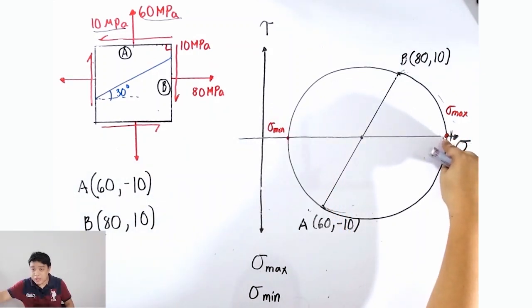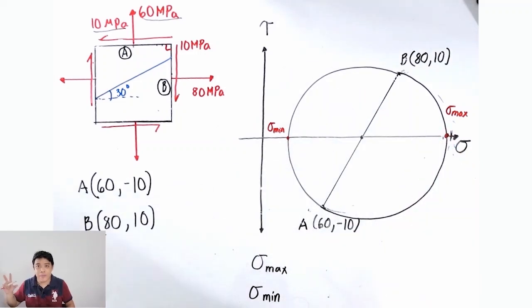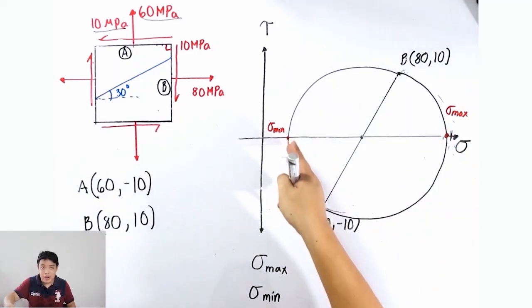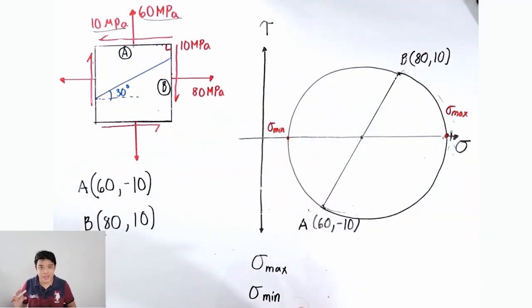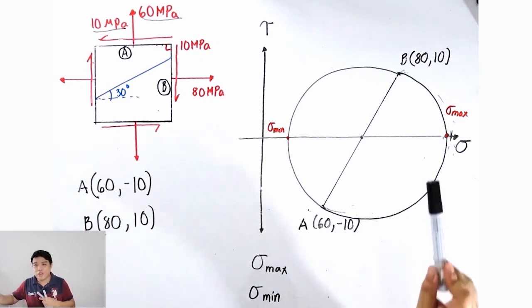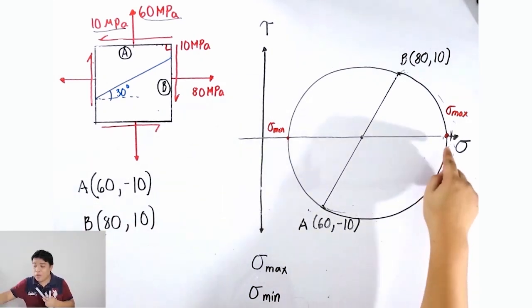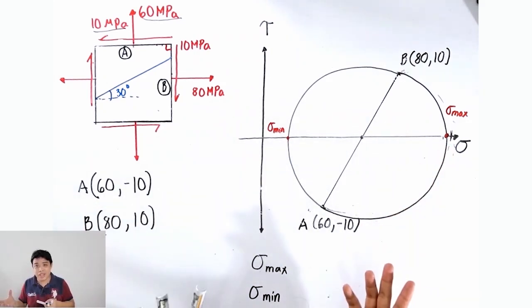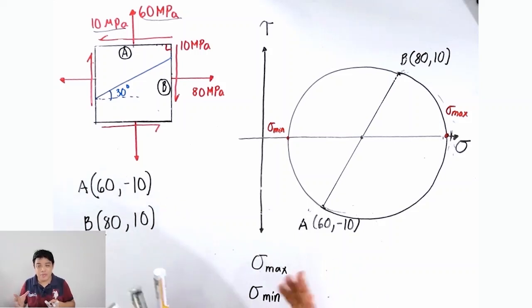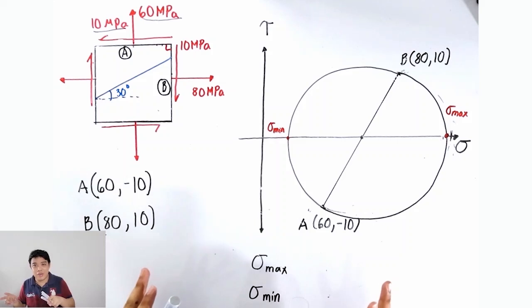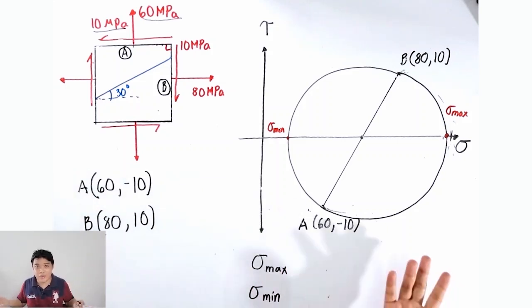This coordinate is what we call the major principal stress, and the other one is the minor principal stress. It is very obvious that the corresponding shearing stress on the principal stresses is equal to 0. So another definition of the principal stresses: it is the stress in which the corresponding shearing stress is equal to 0.